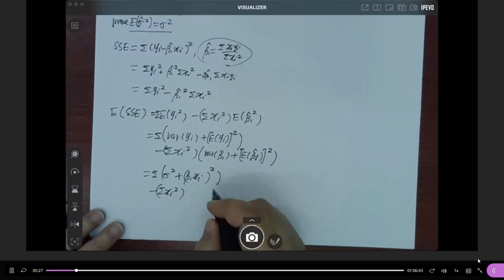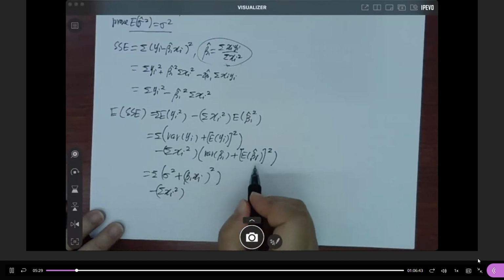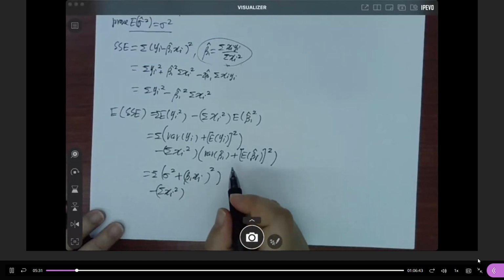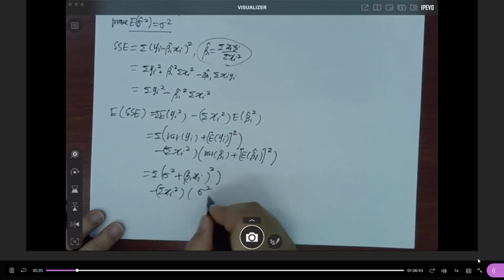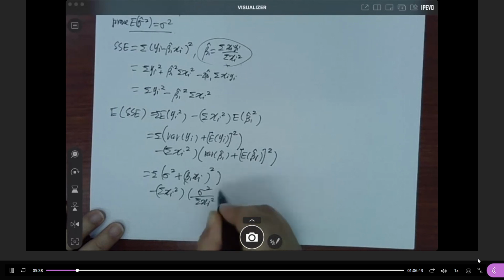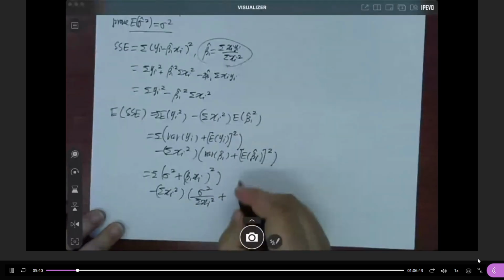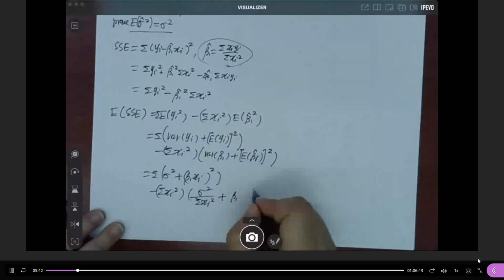Sorry, E of beta 1 hat is just beta 1. The variance of beta 1 hat is sigma squared over summation xi squared. So this is sigma squared over summation xi squared, plus E, which is just beta 1, squared. Now it's clear.